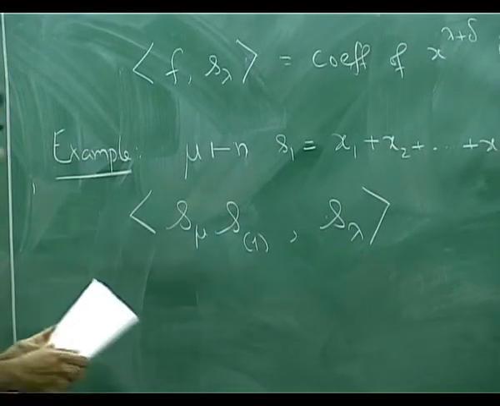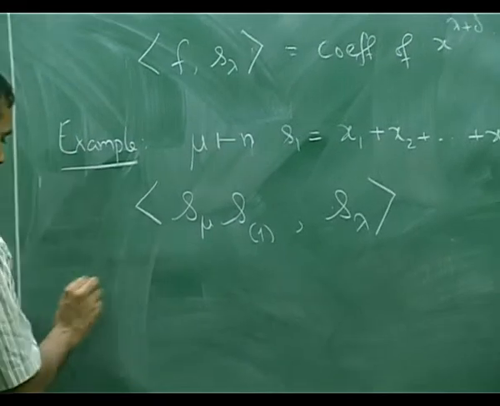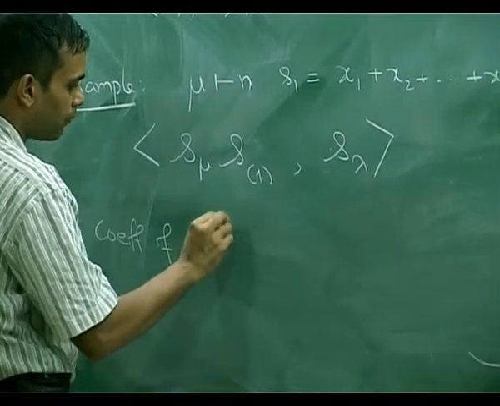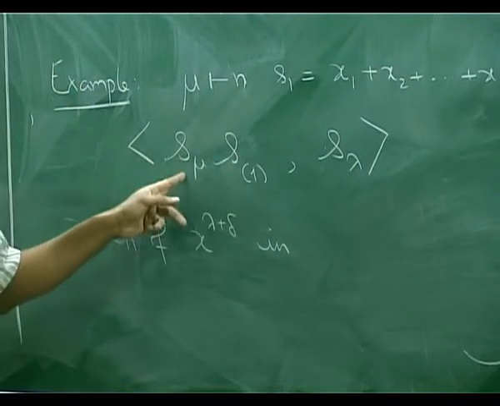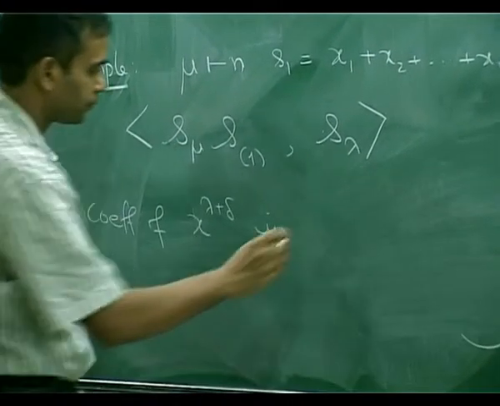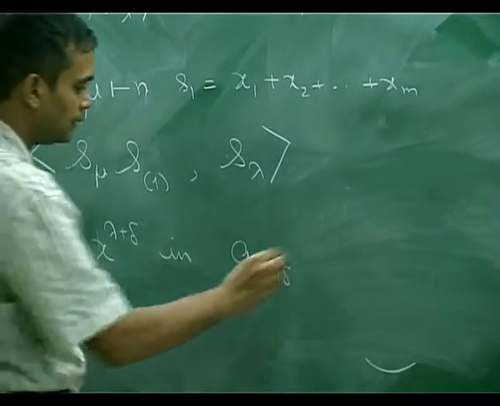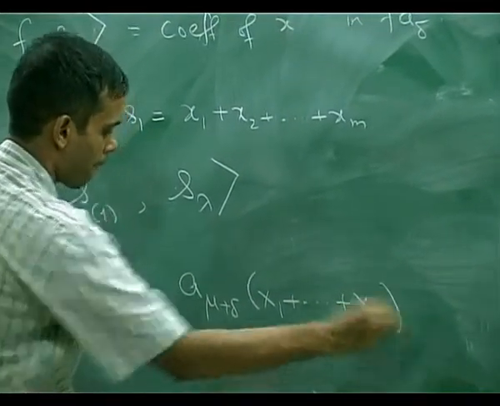Well, this is actually equal to the coefficient of x to the power lambda plus delta in, so we multiply this by a delta, so s mu a delta is a mu plus delta, and then s1 is x1 plus ... plus xm.